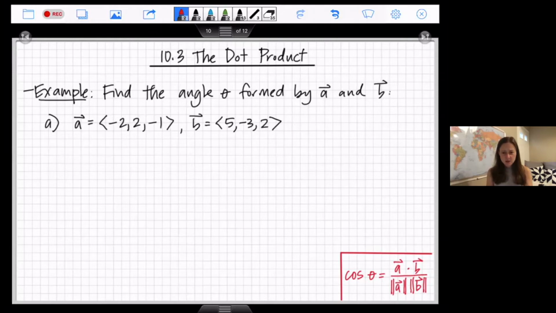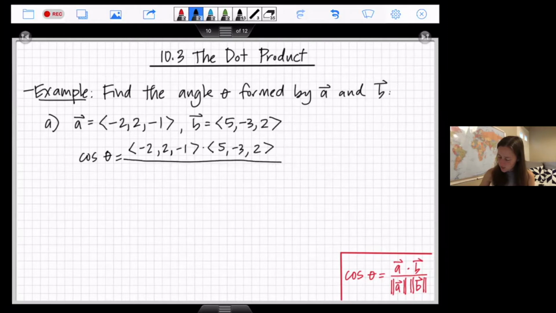Our formula says that the cosine of that angle is equal to A dot B. So we're going to dot these two vectors on top, and then we're going to divide by the product of their magnitudes. That's going to be cosine theta, and we'll figure out how to find theta when we're done with that.